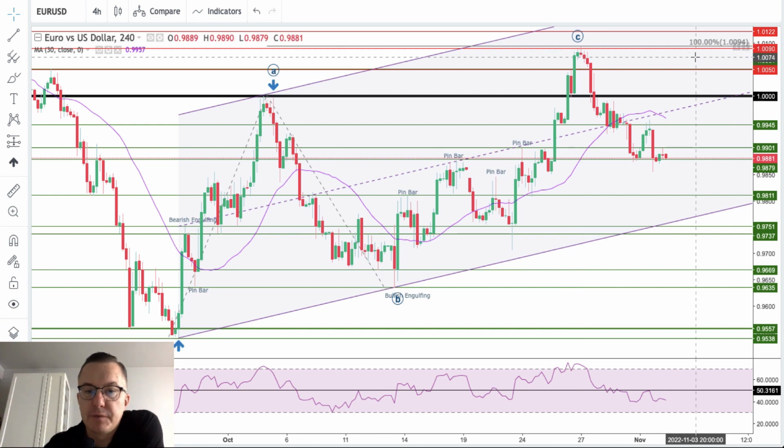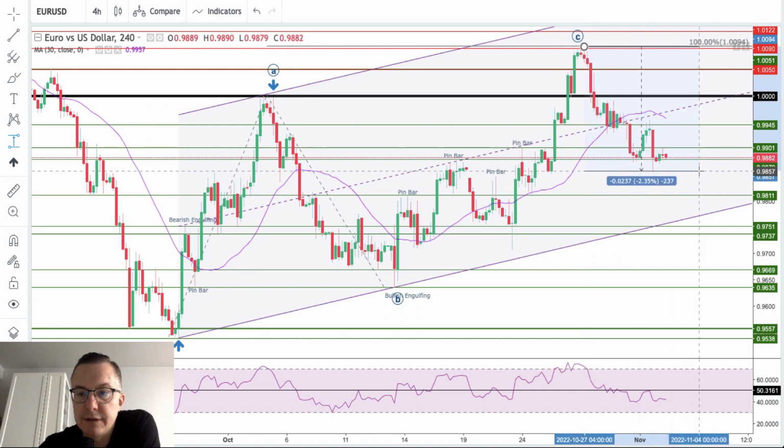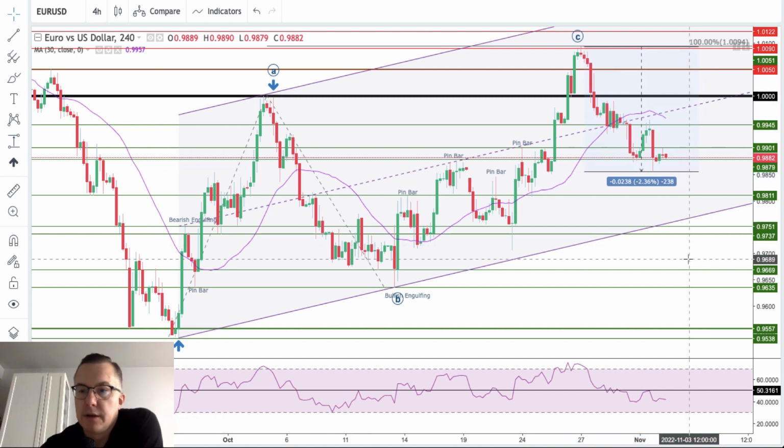of the Fibonacci extension. So very nice market geometry level, ended up with a pin bar, and since then we are done, and the market is going lower. For now we are apparently traveled already over 237 pips, minus 2.37% was done already.